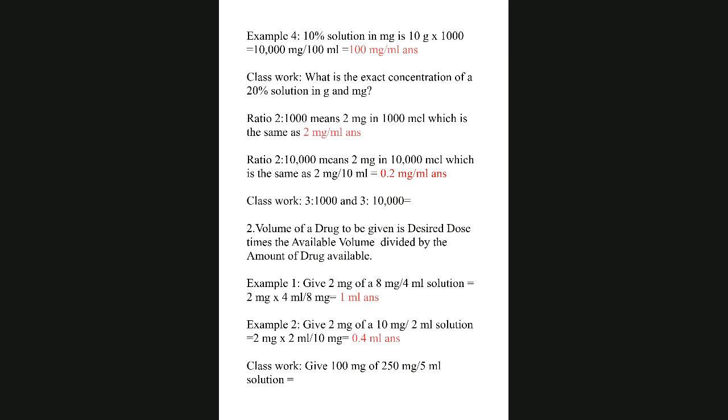All right, so the next formula is volume of a drug to be given. Right? So we need to be able to work out how to give the desired dose from the available concentration that we have. Right?